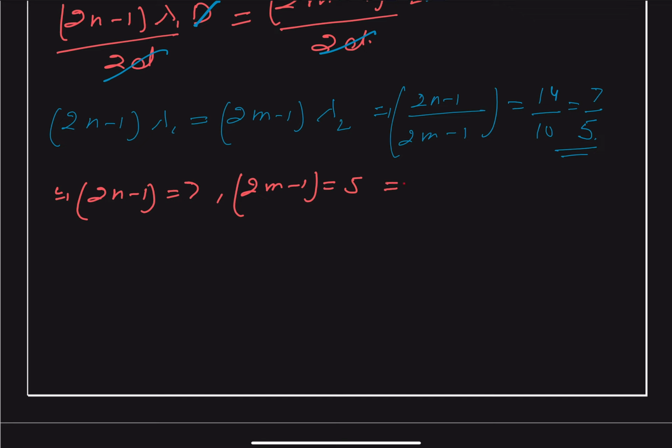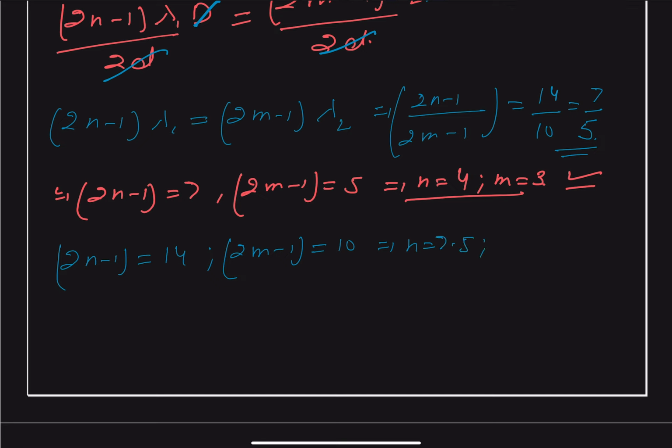From here we can say that the value of n is equal to 4 and the value of m is equal to 3. So this is one of the valid integers. Second, we do it for the ratio, so we can write 2n minus 1 is 14 and 2m minus 1 is equal to 10, and this gives us n equal to 7.5 and m as 5.5.